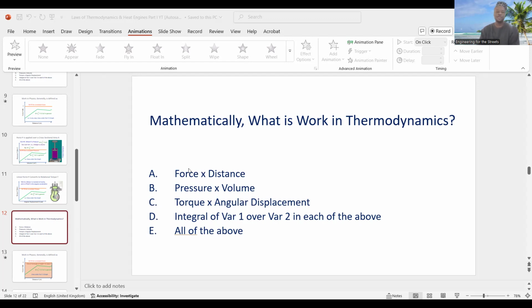So whether force is constant, pressure is constant, torque is constant, or even if they are not constant, the general expression for work done is the integral of the first variable, in this case force, over the second variable, in this case distance, in this case pressure over volume, and in this case torque over angular displacement. So putting all these together, we see that these four definitions are actually correct. And so the answer becomes option E.